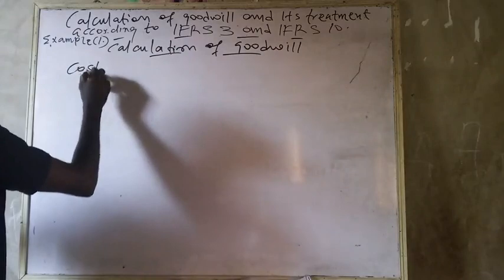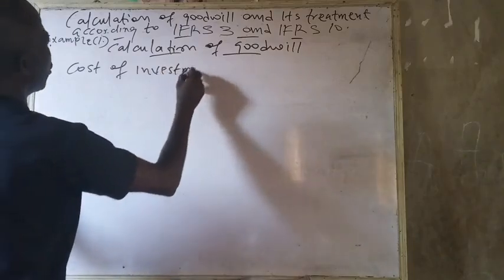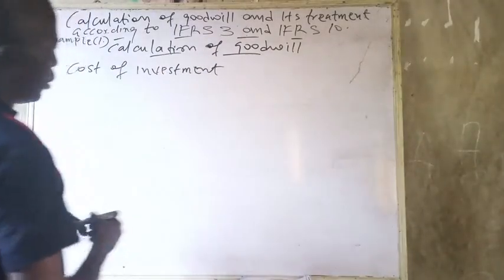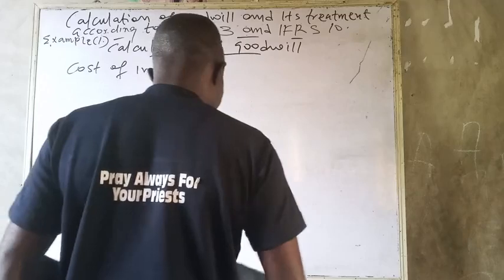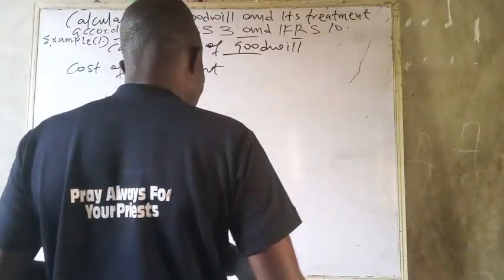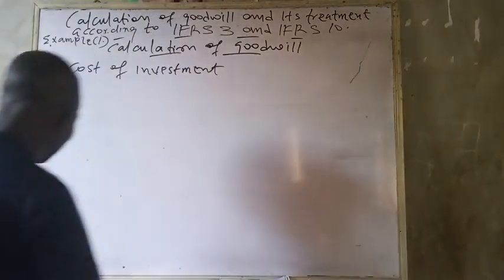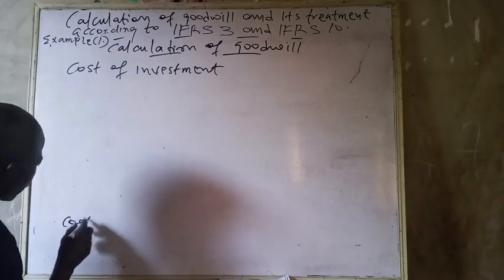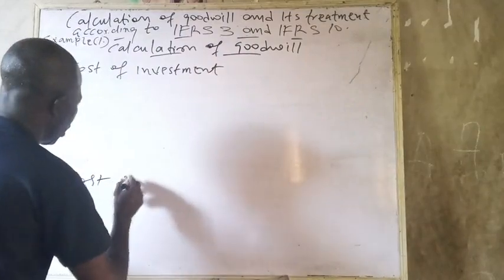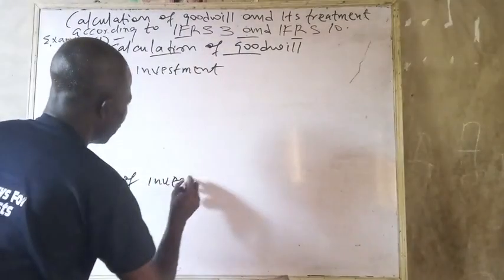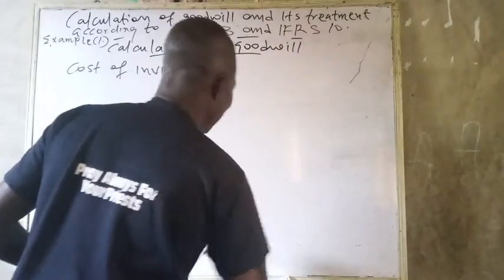Cost of investment. According to the question, you can say Kings PLC acquired Queens PLC on 1st of January 2022 for 700. That is the cost of investment, the amount that it paid to acquire the subsidiary.